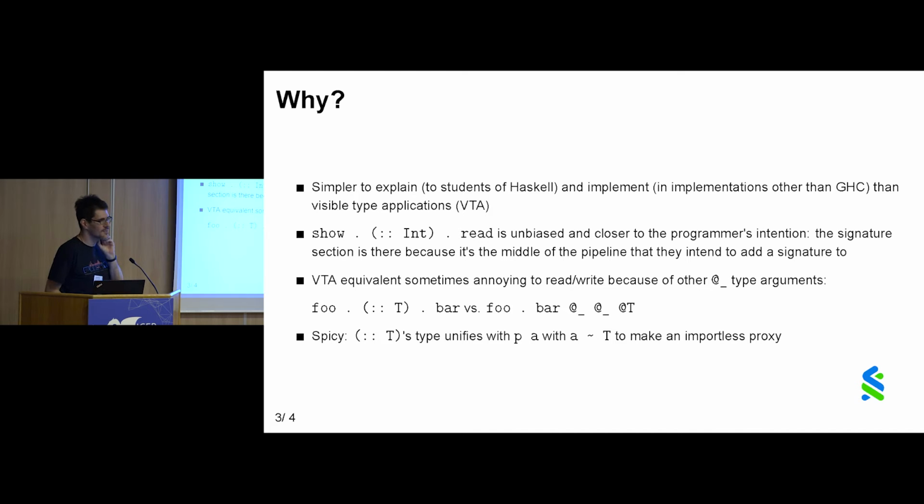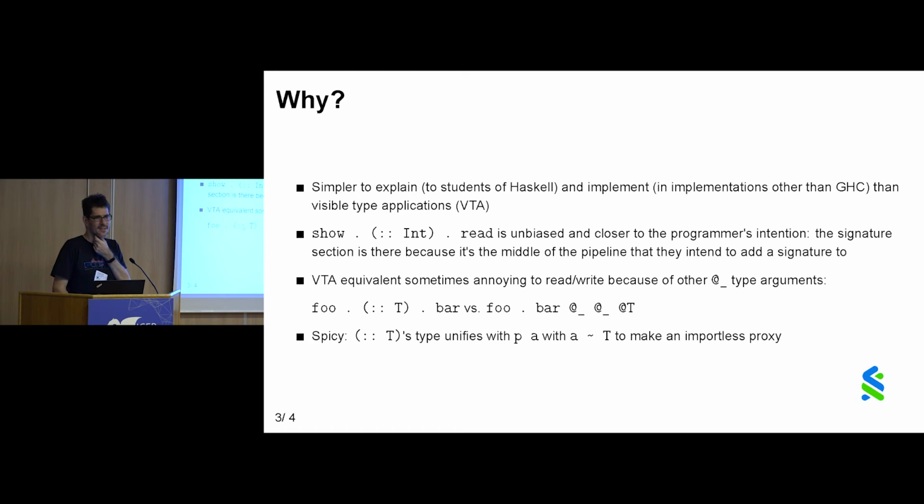I would argue that this is closer to what the programmer really wanted to do. Also, sometimes visible type applications are just annoying to write because the type you care about is not the first argument. In this version, the signature section is in the middle of the pipeline, and it's what you want.